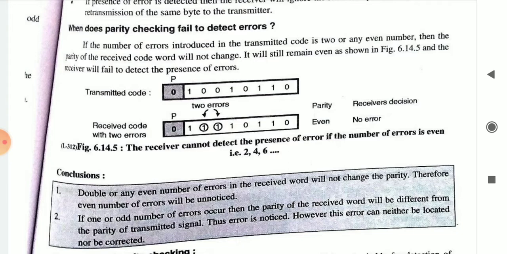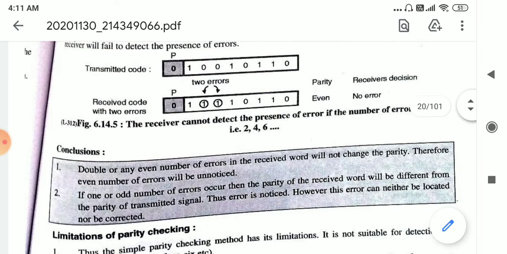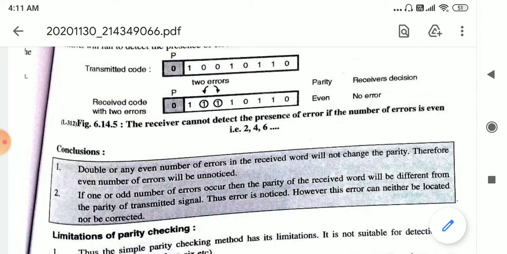Okay, the receiver will fail to detect the presence of errors. See here, this is a transmitted code and this is a received code with two errors, meaning 0 is replaced with 1 and here again 0 is replaced with 1. Okay, this is the sender and this is the receiver. The received code has two errors.